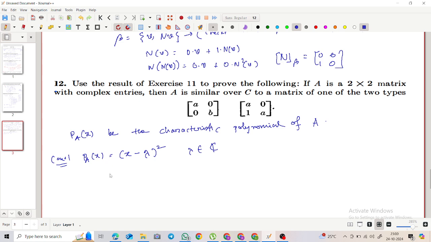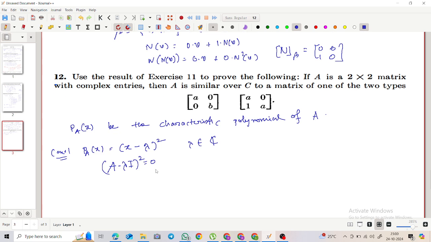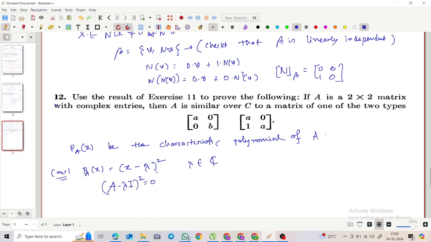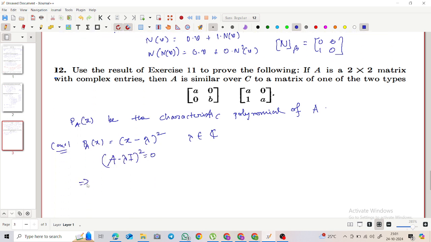So this has repeated roots, thus we get (A minus lambda I) whole square is 0, right? But then you have seen that there exists a basis beta with respect to which A minus lambda I, this is our N now.